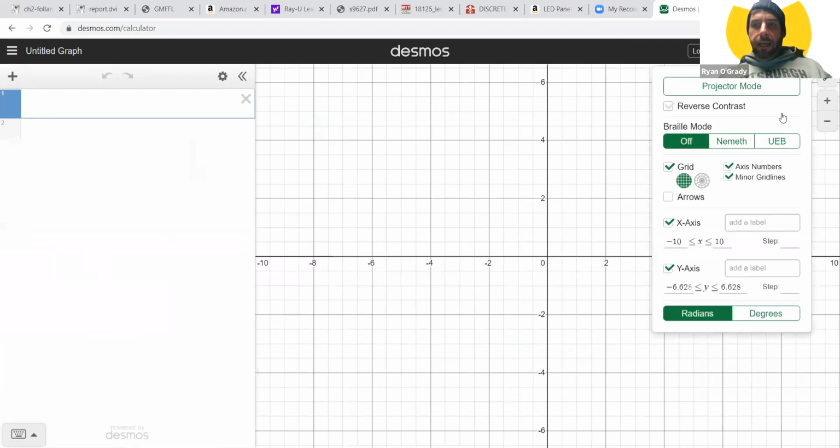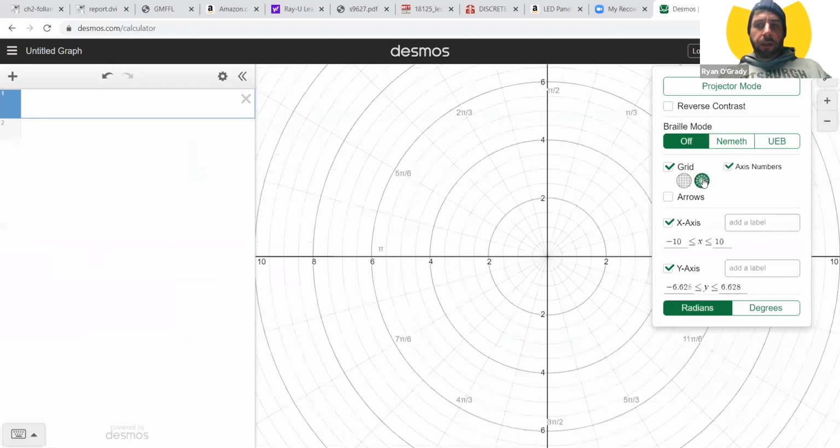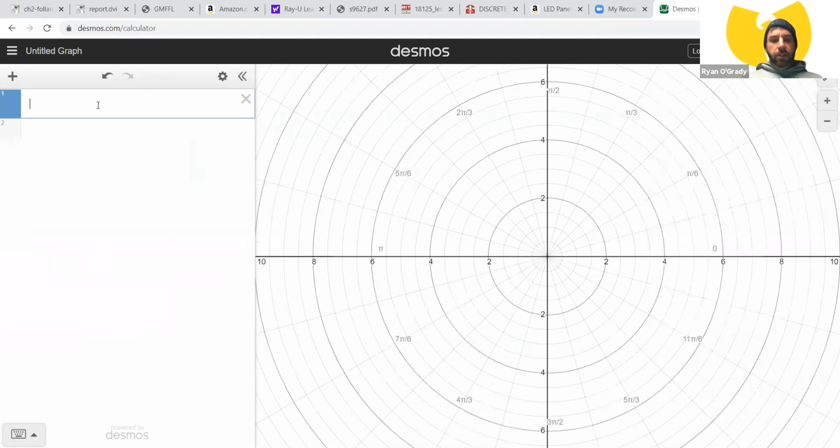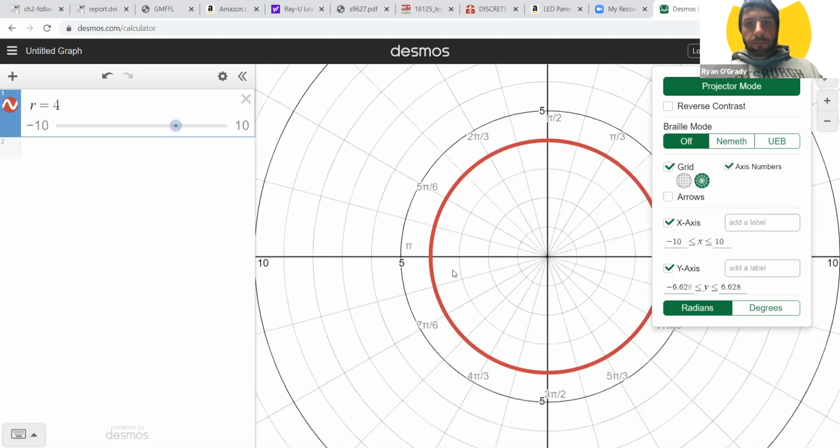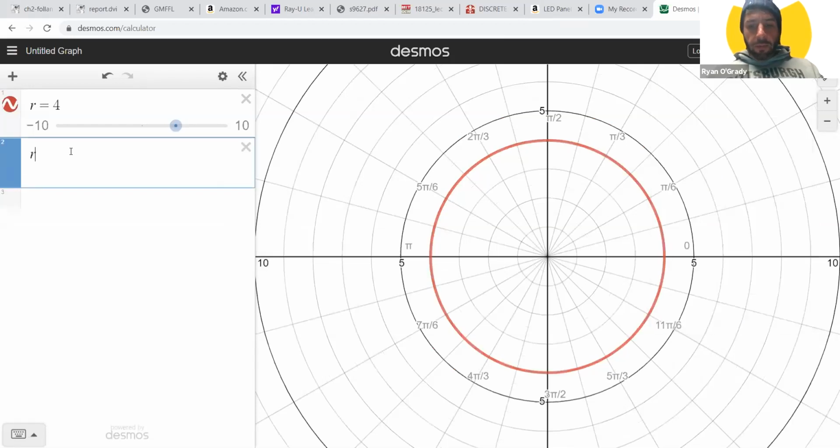If I go here, I can go to polar grid instead, and now you'll see that we're thinking about points in terms of what circle it is sitting on. And so if I just type r equals 4, I get a circle of radius 4. If I type r equals 2, I get a circle of radius 2.